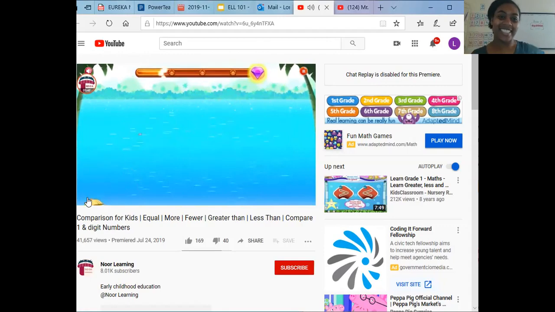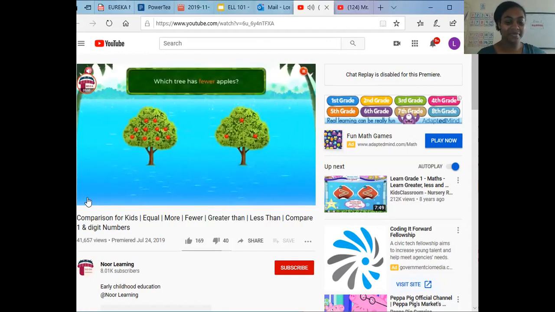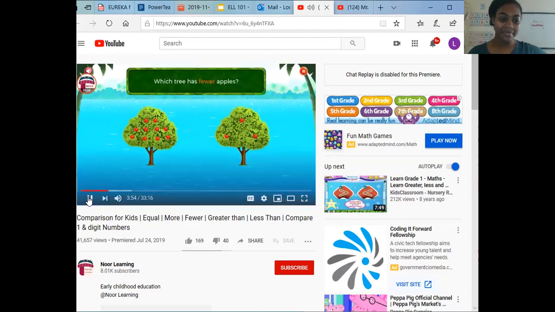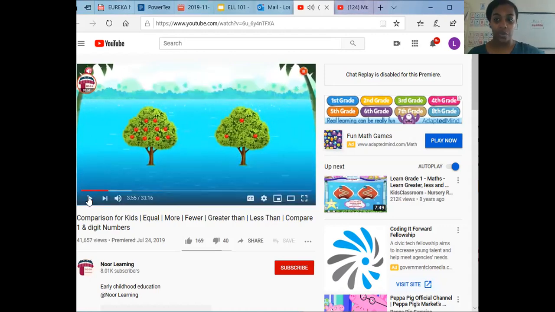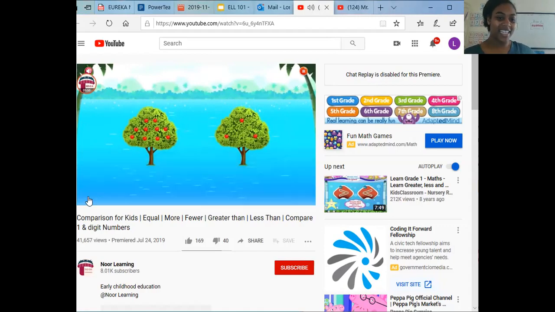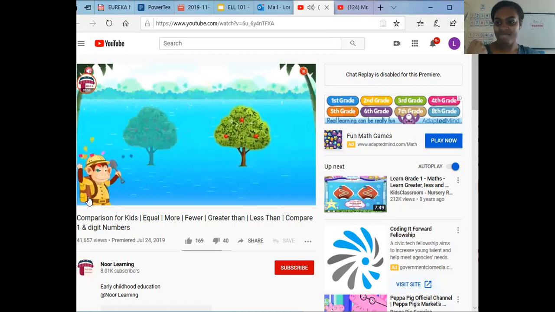Perfect! Which tree has fewer apples? Which one has fewer or less apples? They both mean the smallest amount of apples. Which one has fewer or less? Which one do you think? Let's see if you're right. Good going!